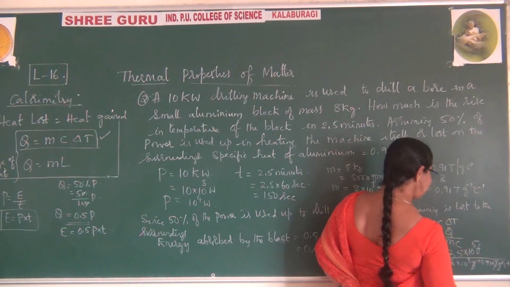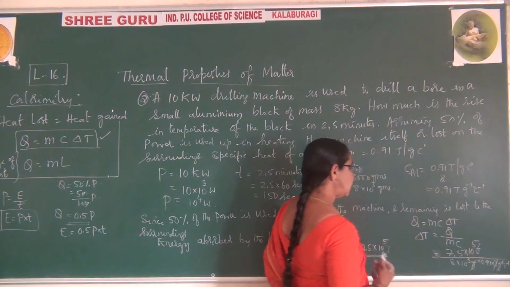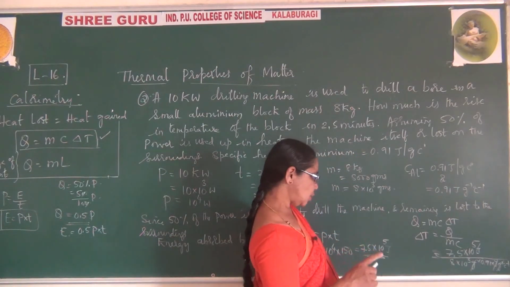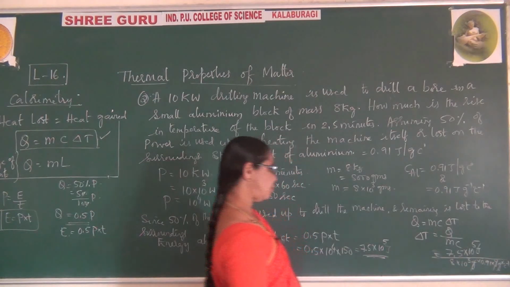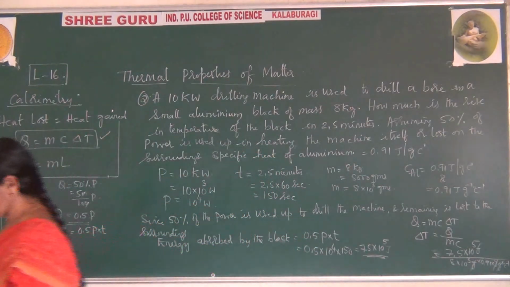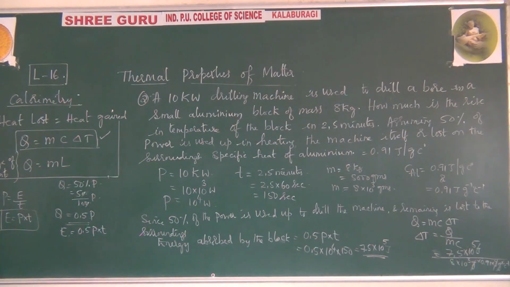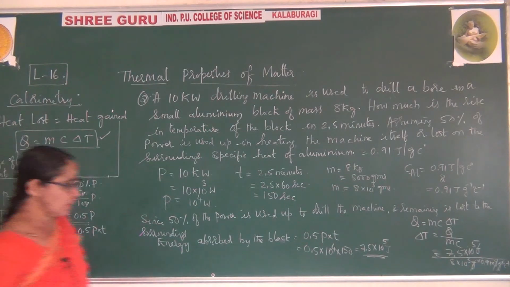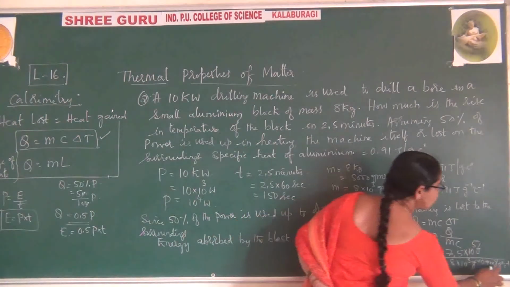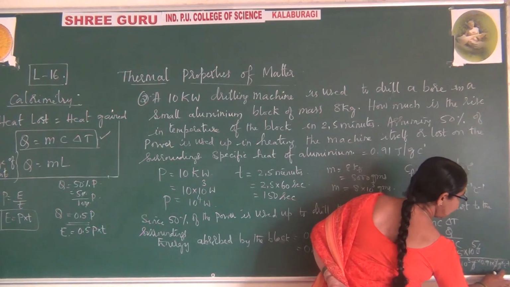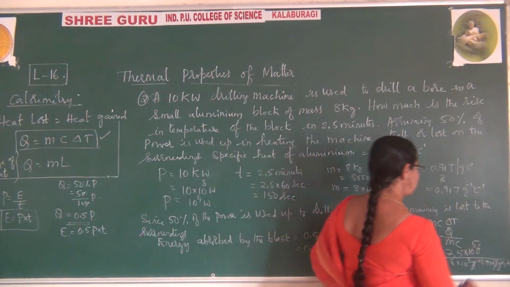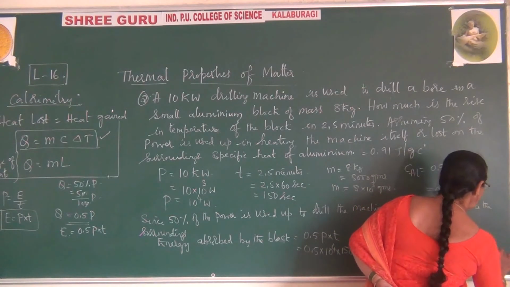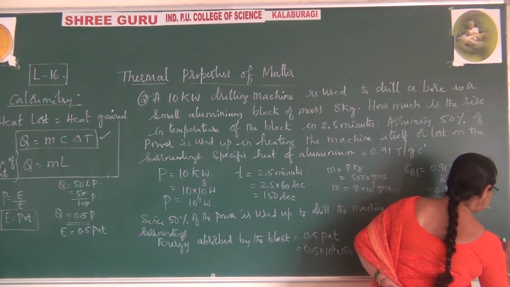Now you have 7.5 into 10 raised to 5, and below that 8 into 10 raised to 3 into 0.91, and you get the answer: delta T is 103 degrees centigrade. The centigrade in the denominator will come to the numerator, so you get 103 degrees centigrade.